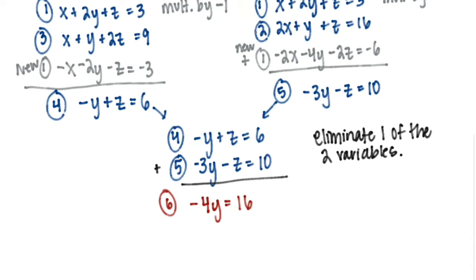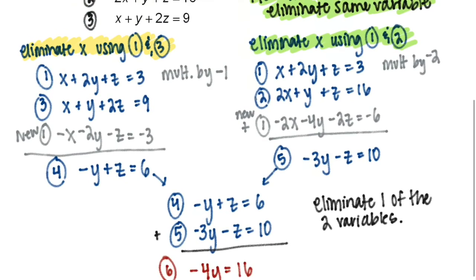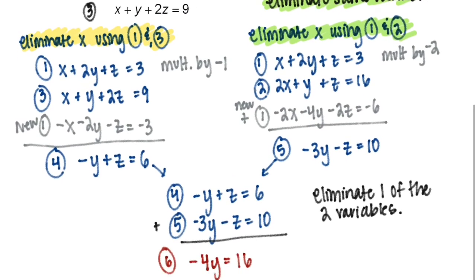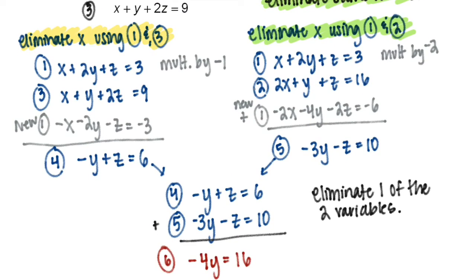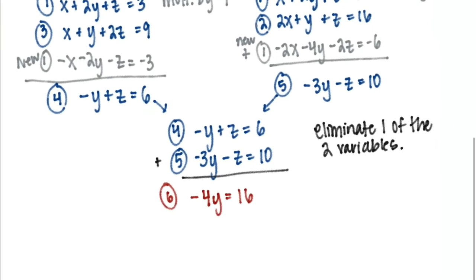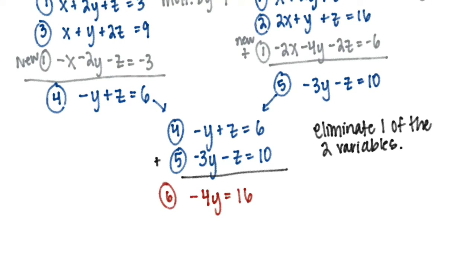So you can see that we went from equations with 3 variables to equations with 2 variables, to now an equation with just 1 variable. Now we can solve for this 1 variable and work our way backwards. So we're going to divide both sides by negative 4, and we get y equals negative 4. So in my ordered triple x, y, z, y is negative 4.